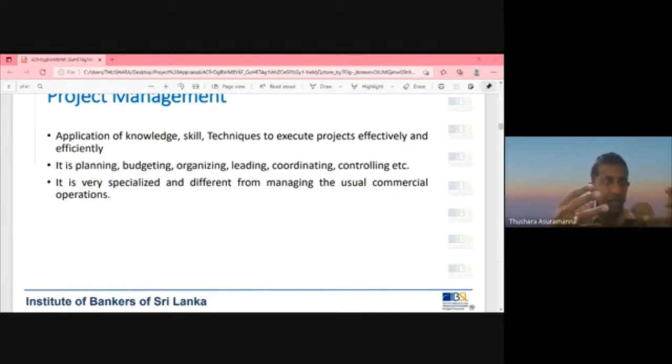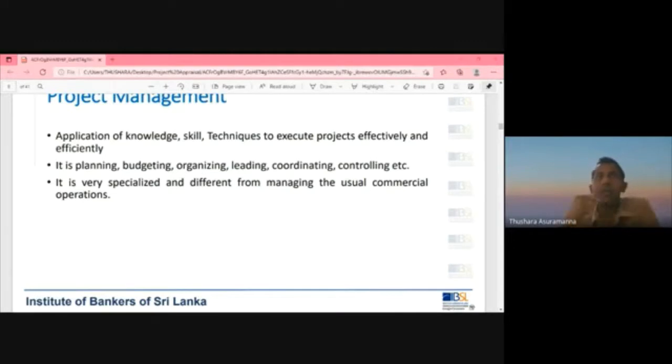This is basically different from commercial operations, because in commercial operations everything is done up to a level where the commercial operations would continue. But here, up until the commercial operations, the management of the project is very important from the inception until the commercial operations start.